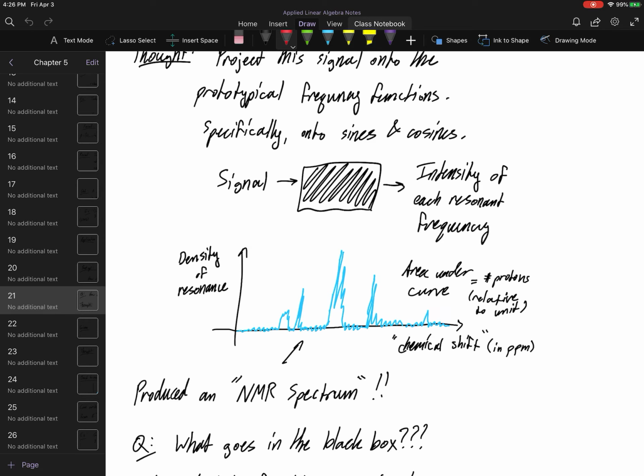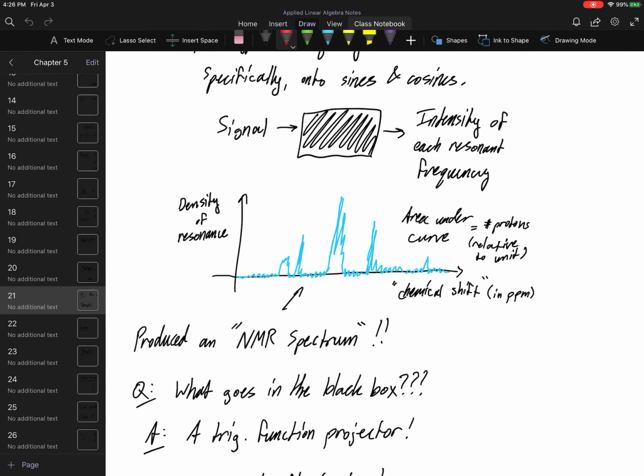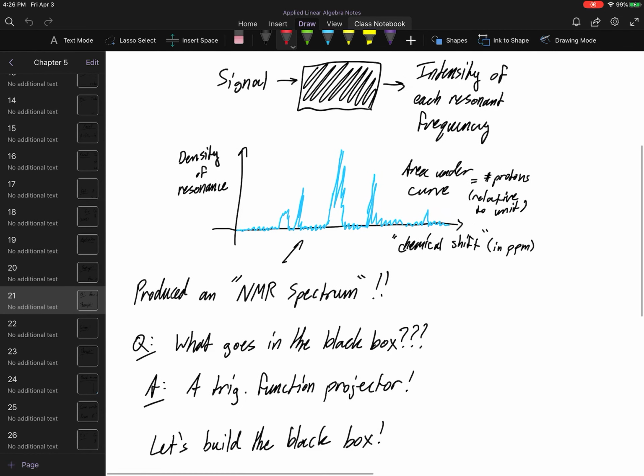Across the x-axis, or horizontal axis, we have something called the chemical shift. This is essentially what happens to the frequency when we hit it with a Fourier transform and throw it into a new domain. You can think of it as just a transformed version of the frequency. So we have created something called an NMR spectrum.